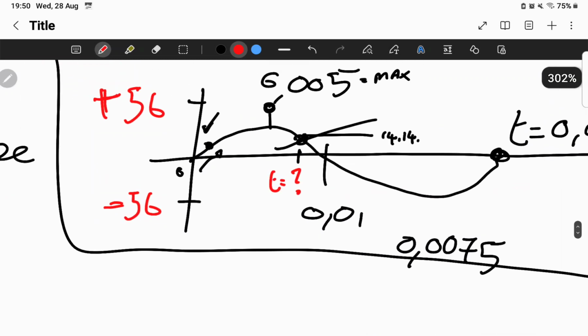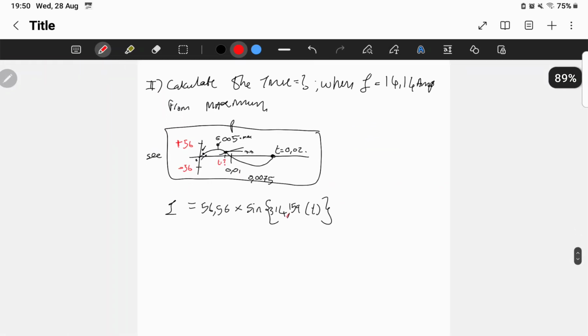Okay, so what we're going to do is very simple, guys. All you have to do is plug and play. So now we have 14.14 equals 56.56 multiplied by sine, open brackets, 314.159 open brackets, and we're going to have our time there, right?